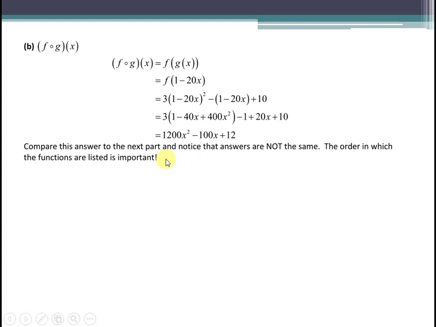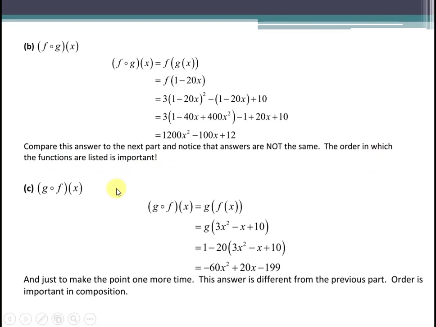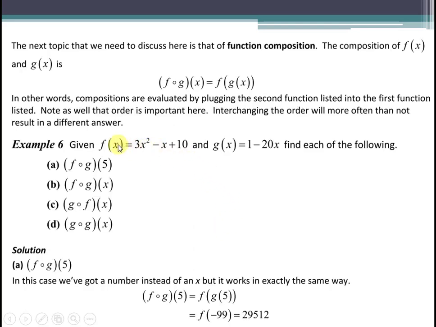So compare this answer to the next part and note that the answers are not the same. The order in which the functions are listed is very important. For example, if we find g of f of x, what do we have? In g, instead of x, we should put f of x, this quadratic polynomial.